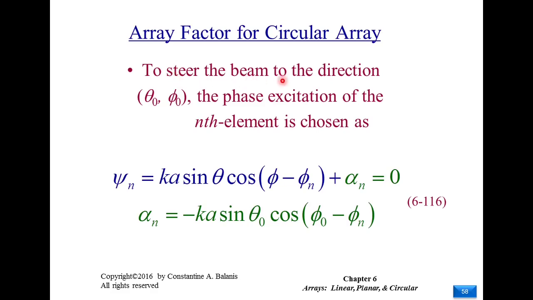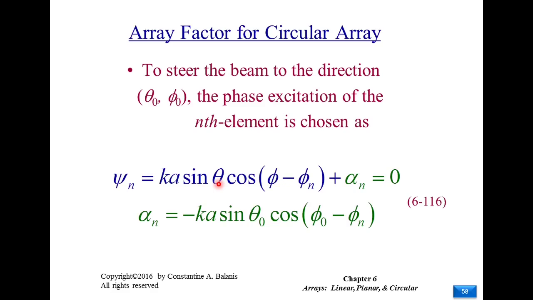To steer the beam to the direction theta naught and phi naught, if you want to arrange this antenna array so that we have the beam along theta naught and phi naught, we need the psi to equal 0 in this direction.